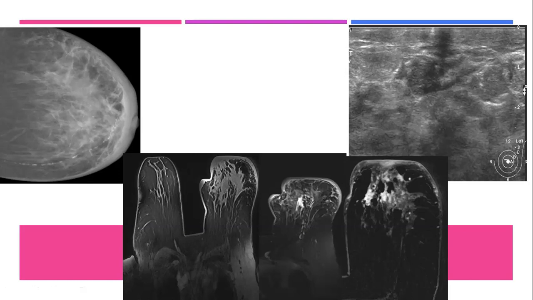The skin is thickened and enhanced, and the nipple is thickened. In this case I have multiple small areas of enhancement, with corresponding lesions on ultrasound. So this is considered suspicious of invasive ductal carcinoma.